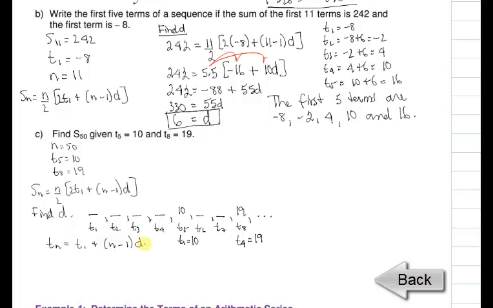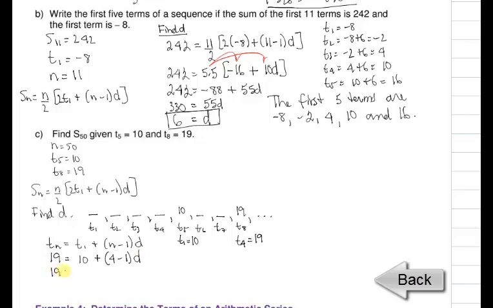Now you can see by looking at this that we're going to plug in 10 for our t1. And we're going to use t subscript 4 for our t subscript n, so that'll be 19. If that's the case, then our n is 4. And now we can find d.